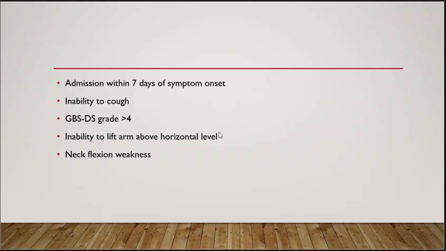Admission within 7 days of onset of symptoms is also to be monitored, as well as inability to cough, GBS disability score grade more than 4, inability to lift the arm horizontally, or inability to hold neck flexion.